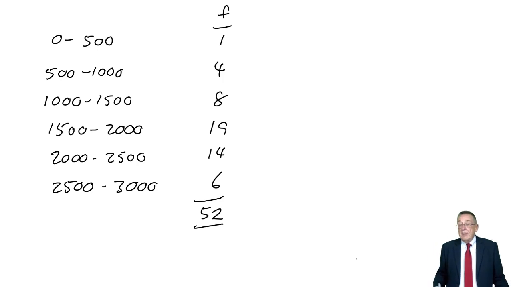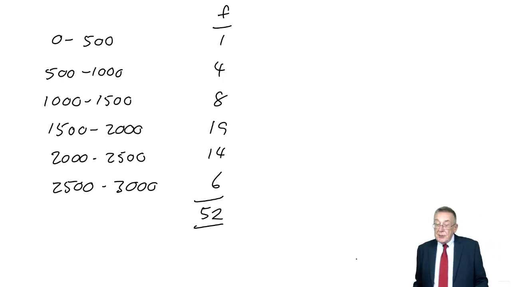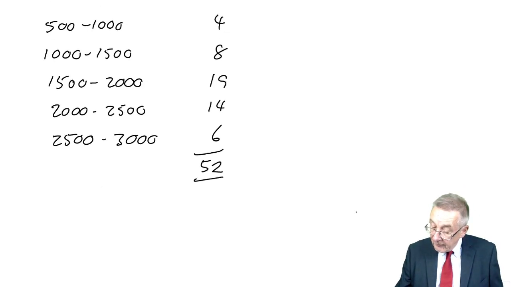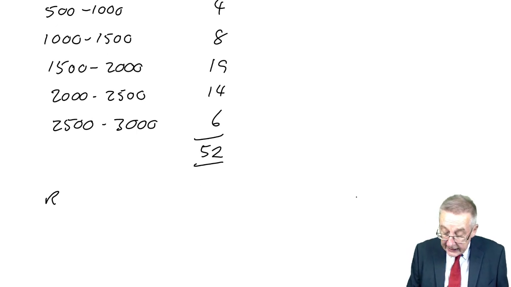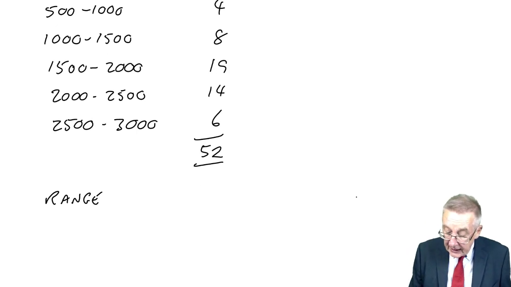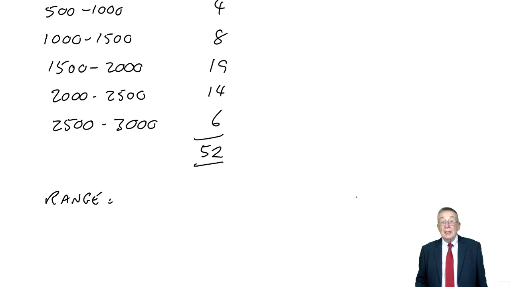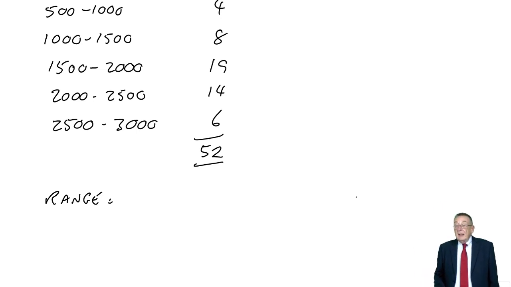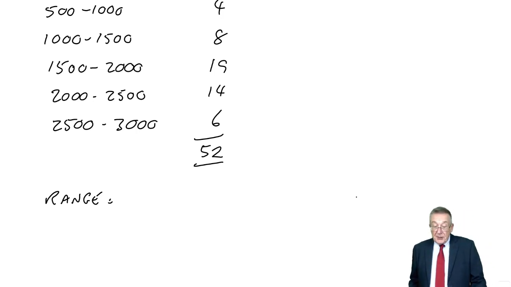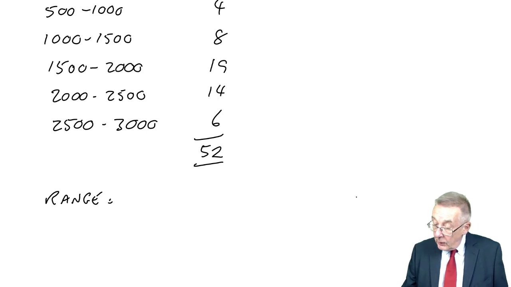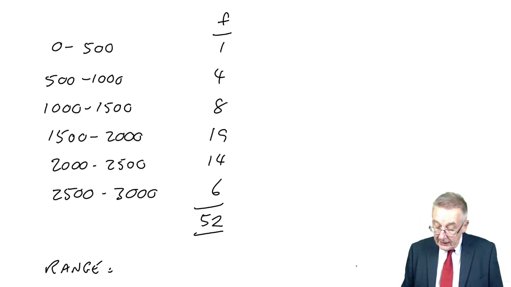Now I say midpoints represent the range. The one exception is the overall range, the difference between the highest and lowest value. Even though it's split into ranges here, we say the lowest value started from 0, the highest is 3,000.